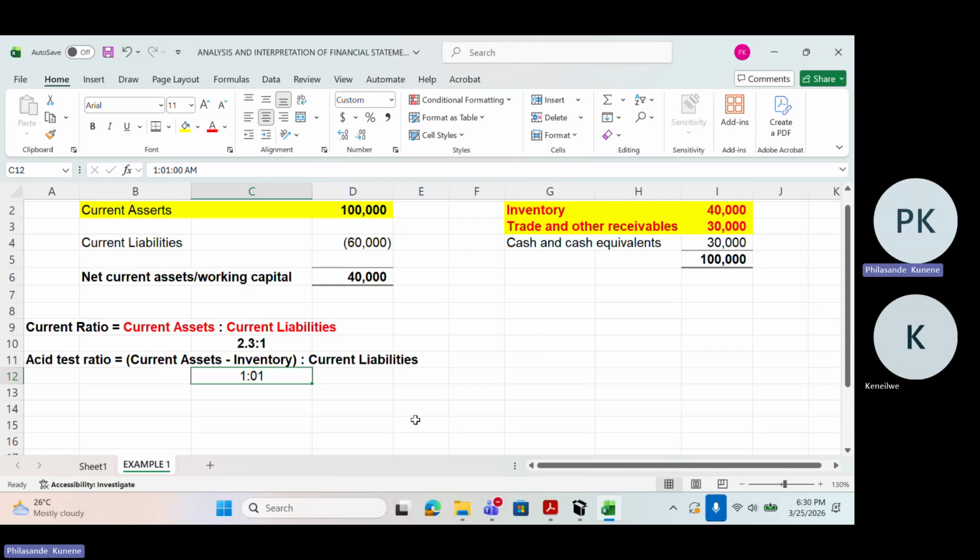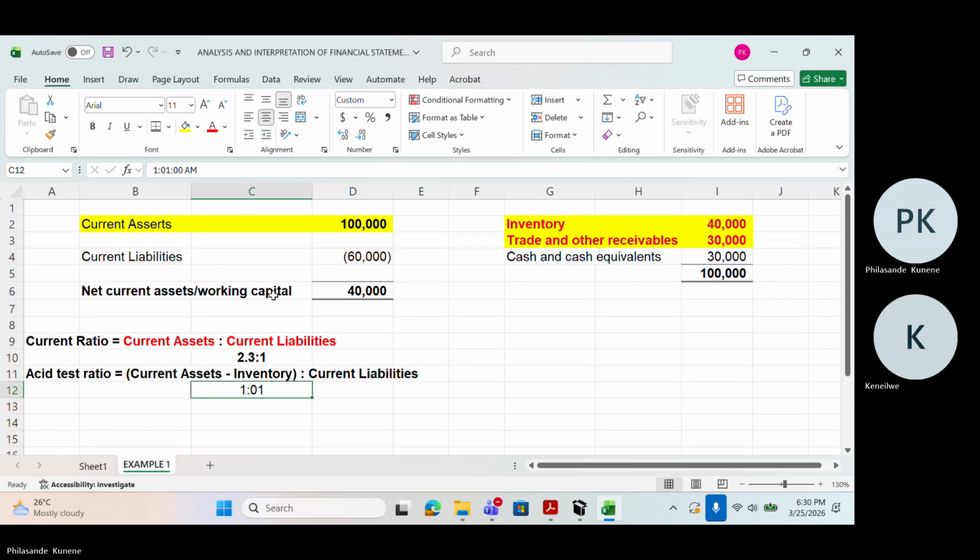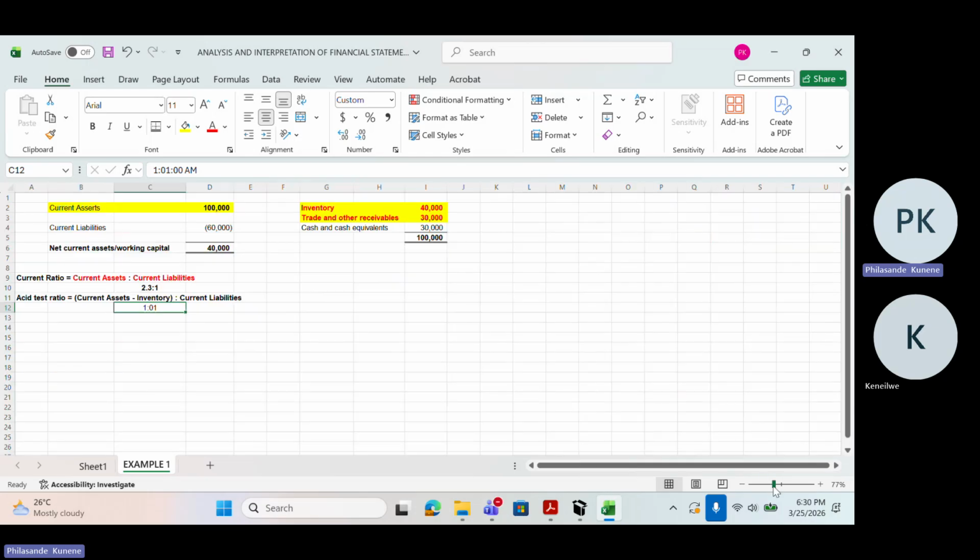Without relying on inventory, you can still pay your creditors. It is a good thing for the business.